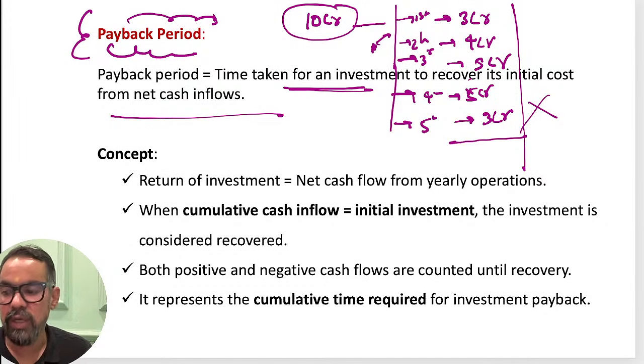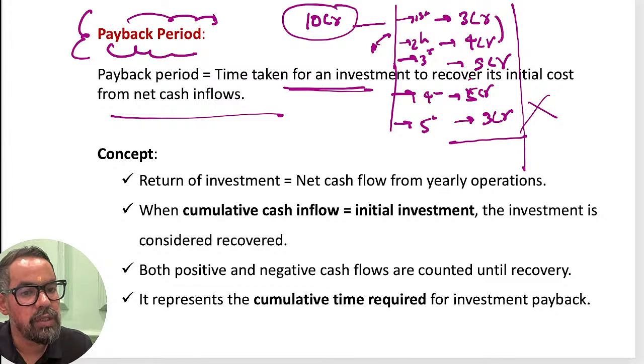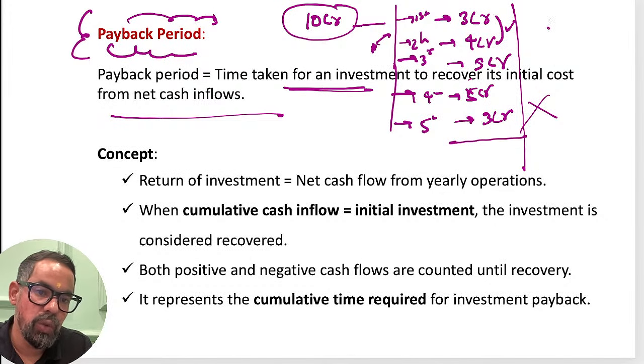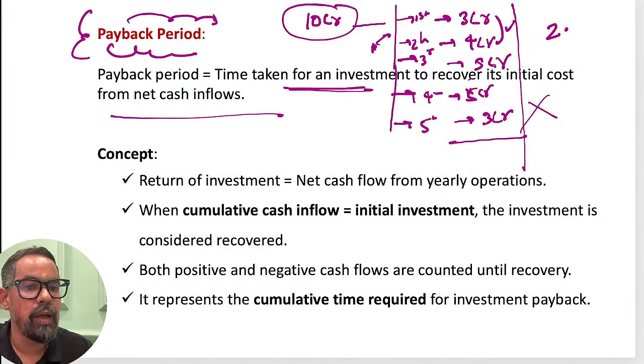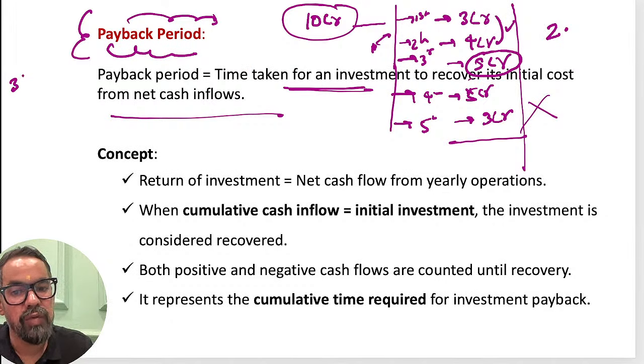Here you have to use a little logic. Anyhow 2 years are gone, so it will be 2 years point something. Now how much money do we have remaining? 7 crore has been recovered, so 3 crores remain. 3 crore divided by 5 crores; the outcome is your answer.